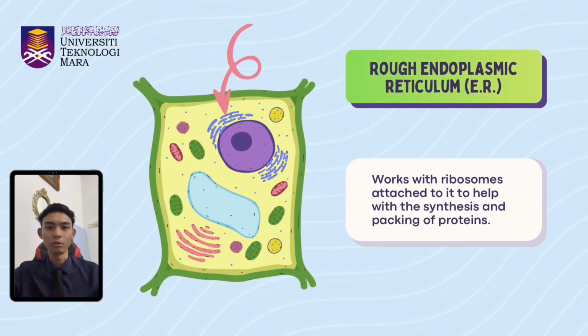Now, we move to the rough and smooth ER. The endoplasmic reticulum, ER, is a network of membranes with two types. The first one is the rough ER, which works with ribosomes attached to it to help with the synthesis and packaging of protein.